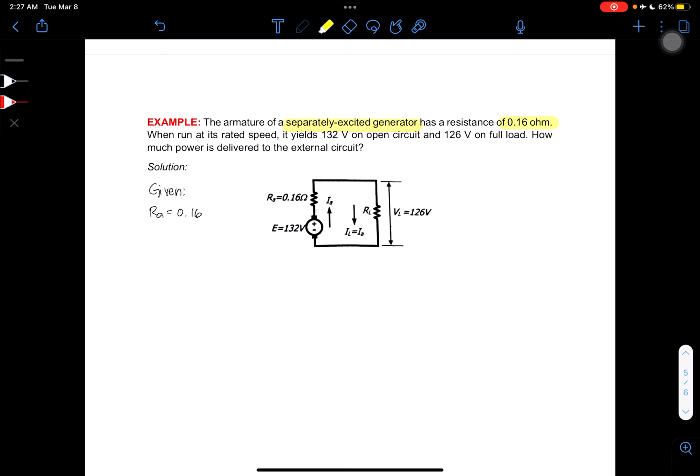RA is given as 0.16 ohms, and our generated EMF E is 132 volts.